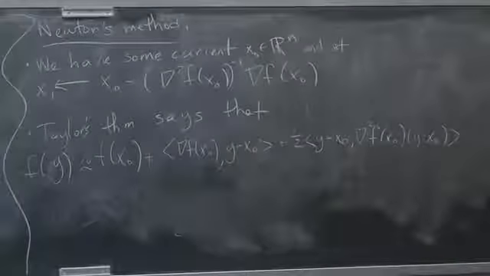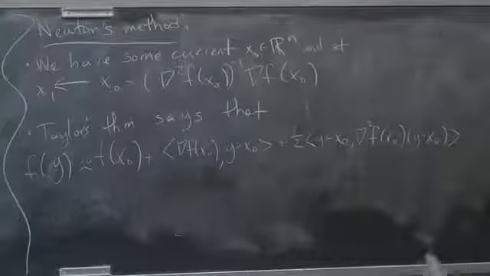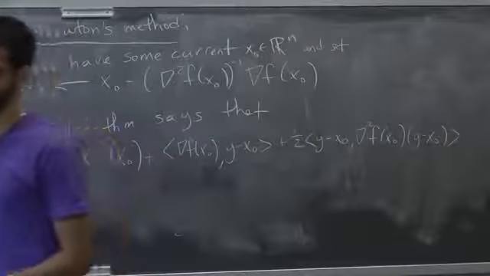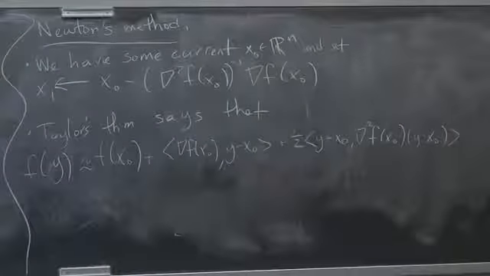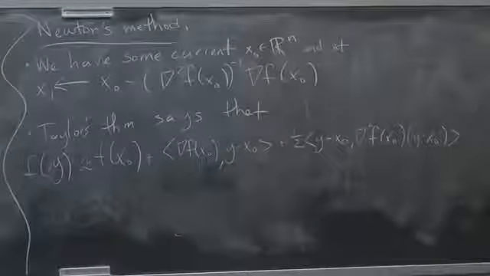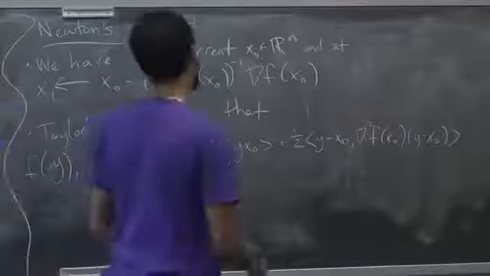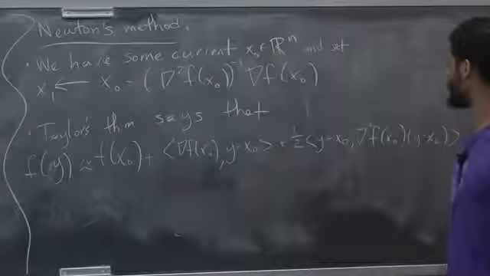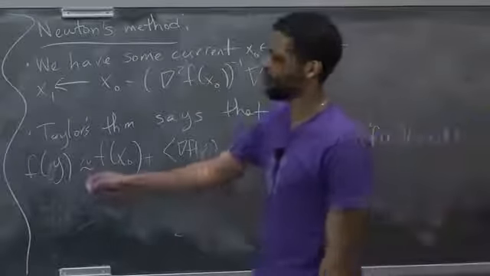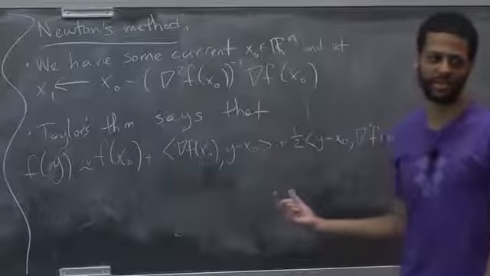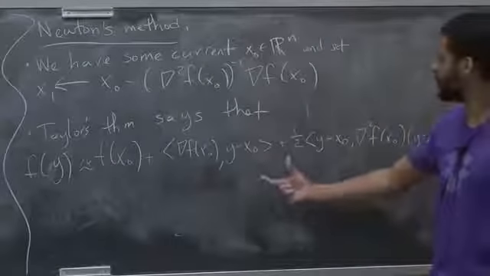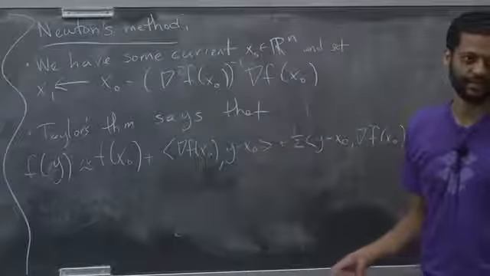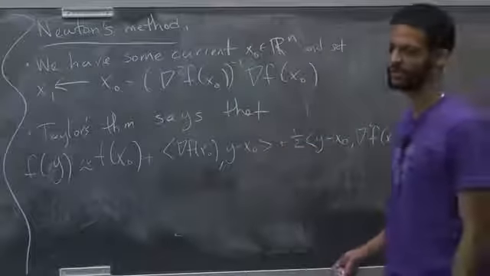Okay. So this is what Taylor's theorem says in terms of approximating f by its second order expansion. And Newton's method is basically just assuming that this is an equality and then just tries to minimize the right-hand side. Okay, and the minimum of this right-hand side is exactly this if you do calculus.